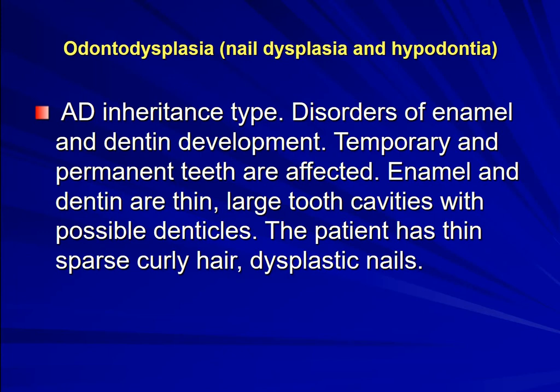Enamel and dentin are thin, with large tooth cavities and possible denticles. The patient has thin, sharp, sparse curly hair, dysplastic nails.